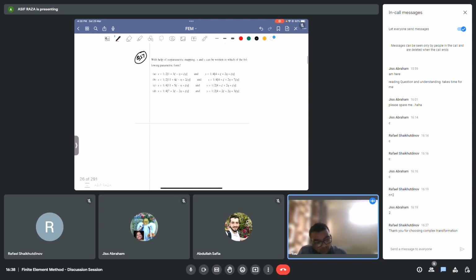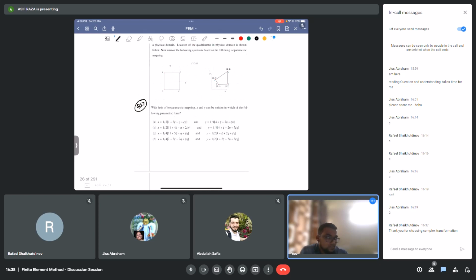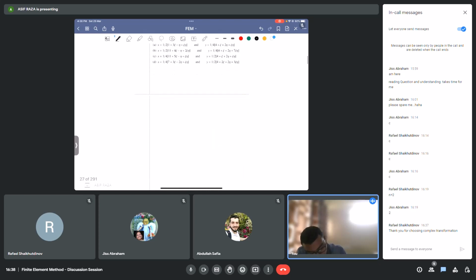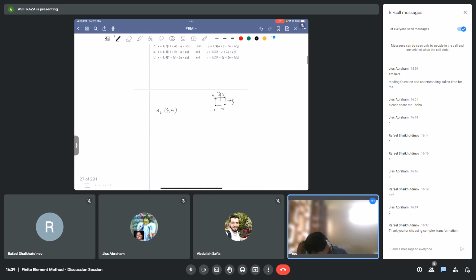First we need to find the shape functions in terms of the natural coordinate system. As you all know, what will be n1 in terms of xi and eta? Okay, I'd better draw this. Nodes 1, 2, 3, 4 in the xi-eta coordinate system, which is being transferred to this xy coordinate system.